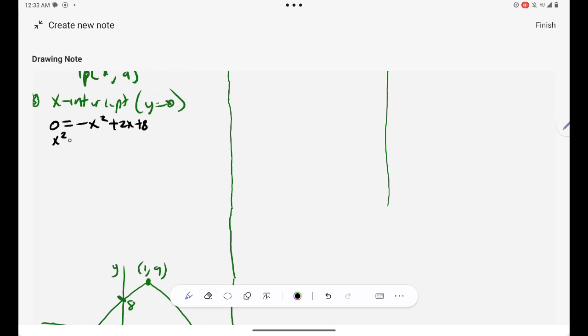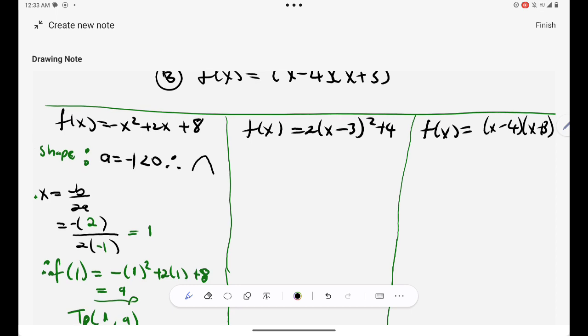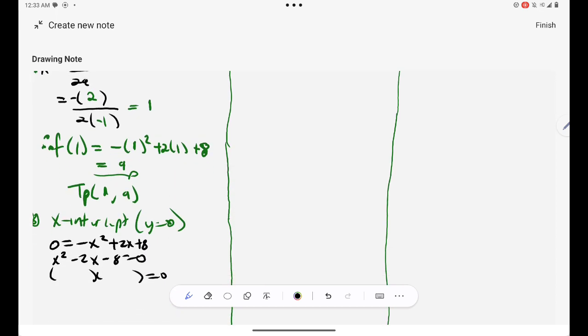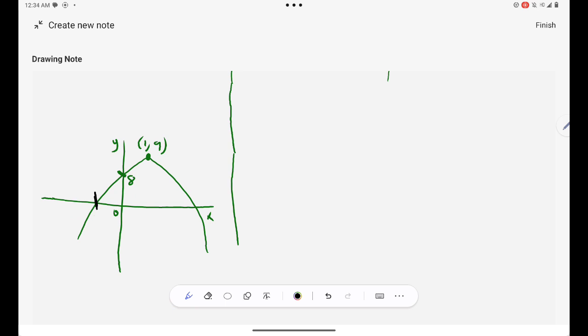So x squared minus 2x minus 8 is 0. Okay, here I have a 4. X and x, 4 and 2, minus and plus. Then x is 4 or x is negative 2, right? We have a negative x value and a positive one.